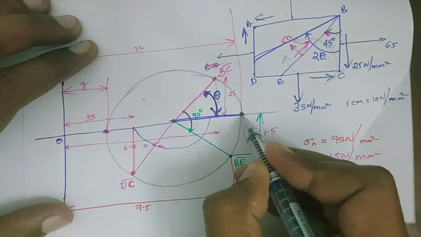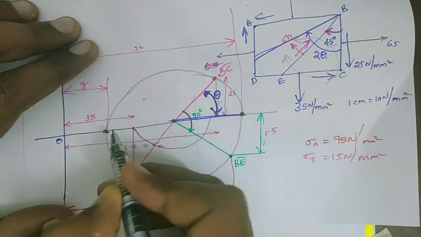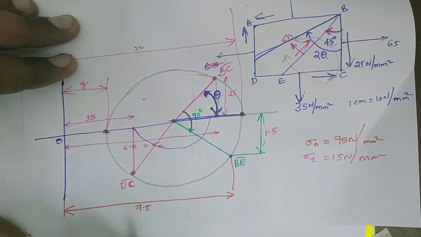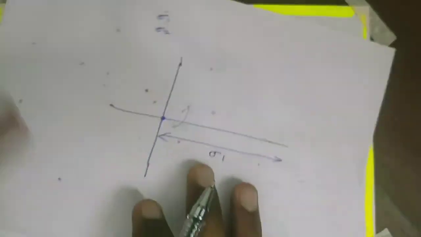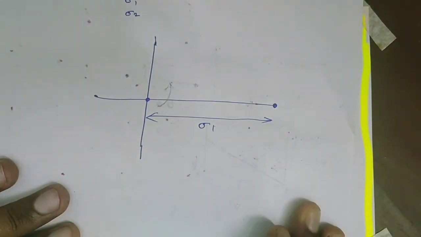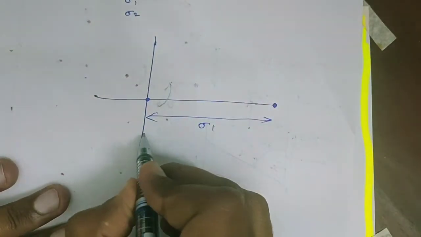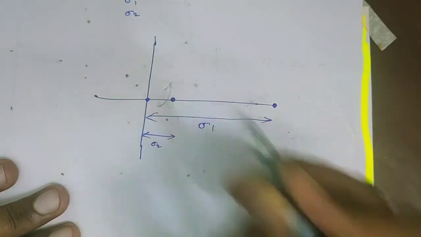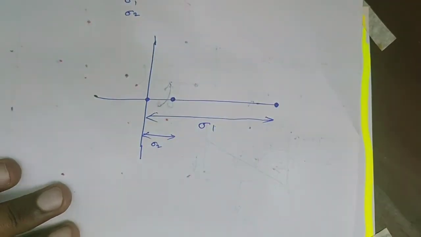We know the major principal stress is the rightmost point of the circle, and the minimum principal stress is the leftmost point of this circle. So mark sigma 1, the point corresponding to the major principal plane. Mark sigma 2, the point representing the minor principal plane.